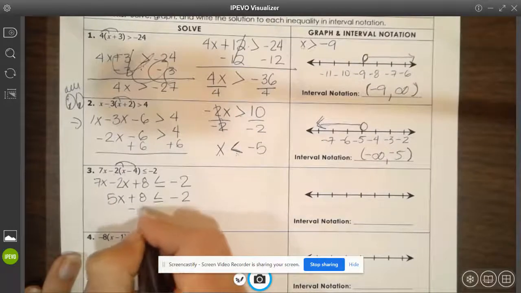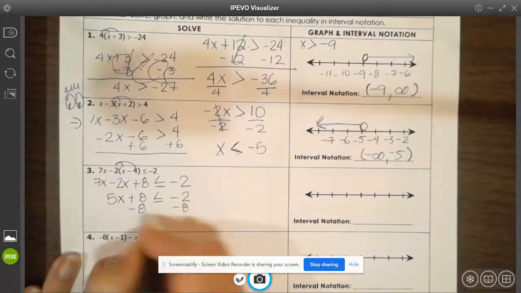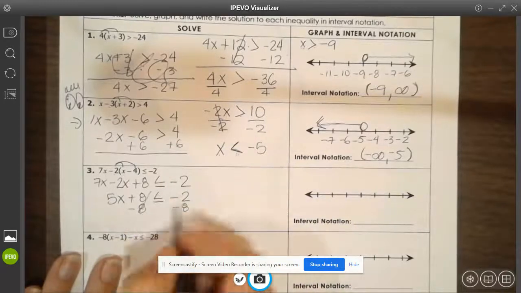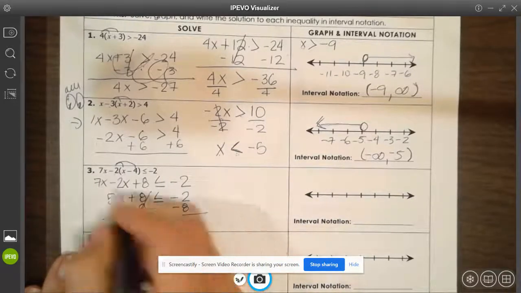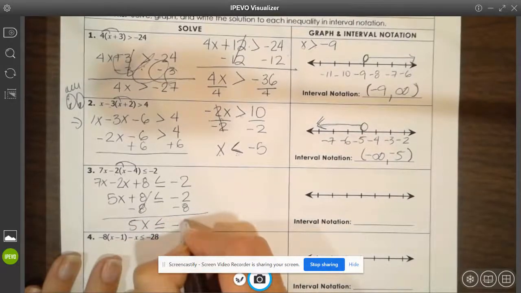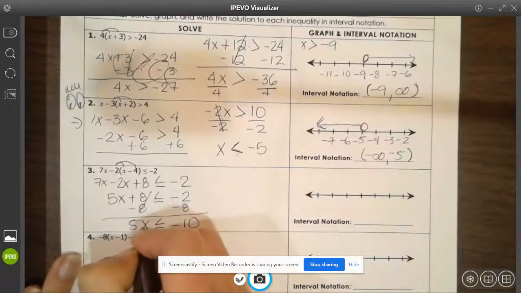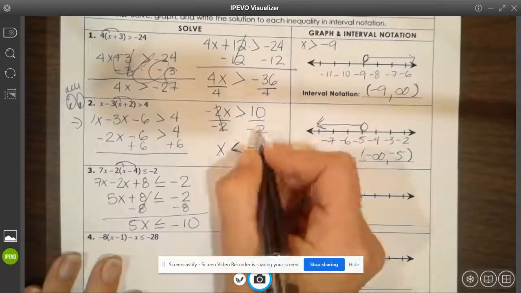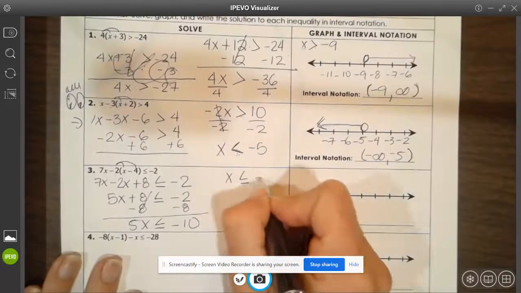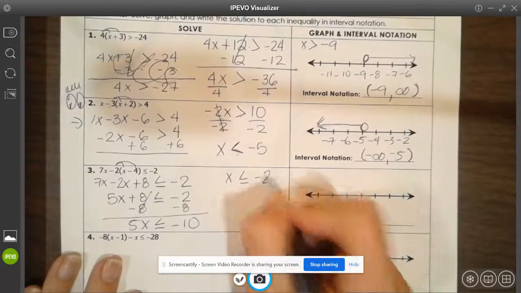I'm going to subtract 8. When you're subtracting, you don't switch the sign, only when you're dividing. That goes away, and then I have 5x less than or equal to negative 10. And then I divide by 5. So that's x less than or equal to negative 2, right?